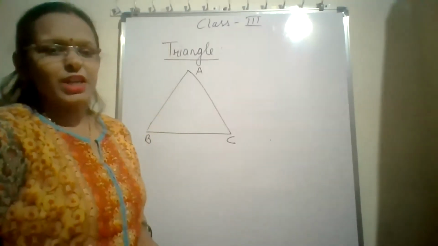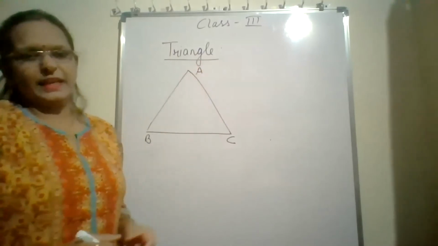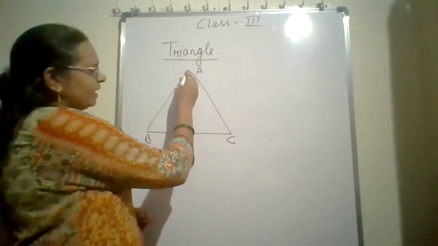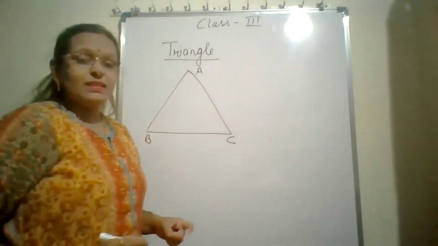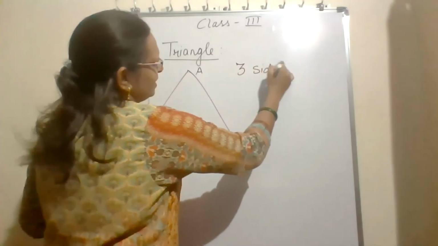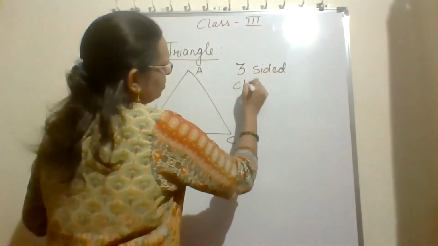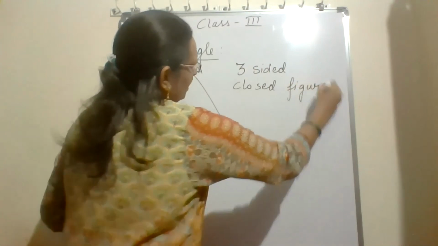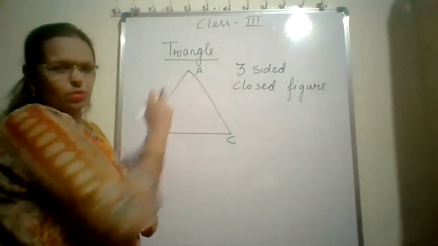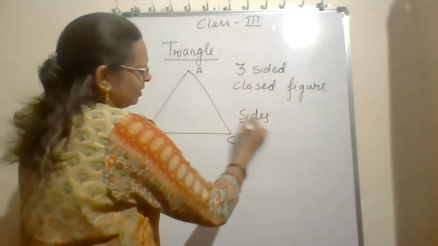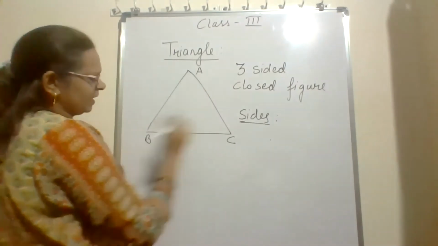Now the last shape is the triangle. Now what are the properties of a triangle? A triangle is a three-sided closed figure. So what are the sides of a triangle?